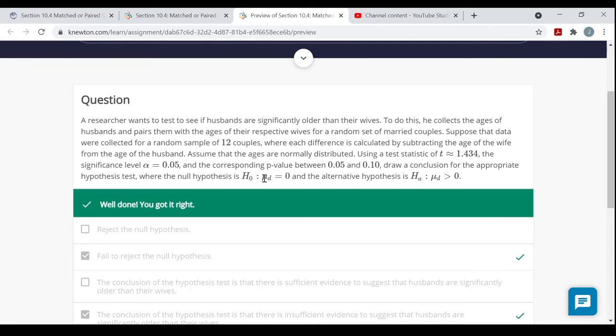The parameter is different. It's mu d here instead of mu1 minus mu2 or a proportion or whatever. That's the only thing that's different, is the scenario. But the procedure doesn't change. You just take your p-value, compare it to alpha, and then make your conclusions.